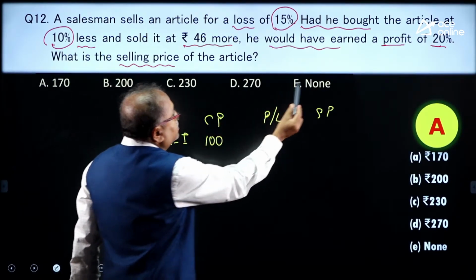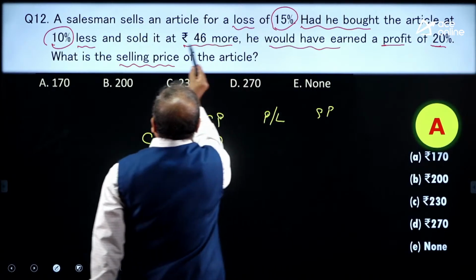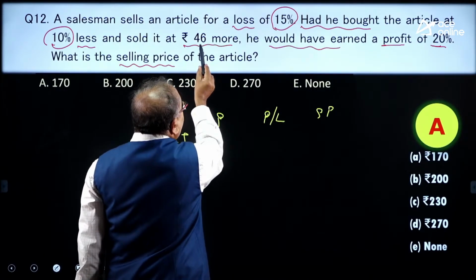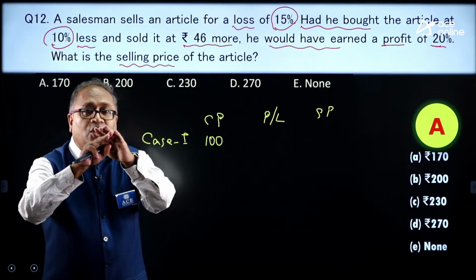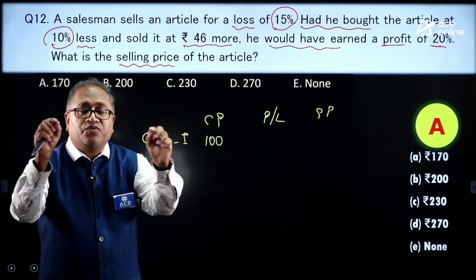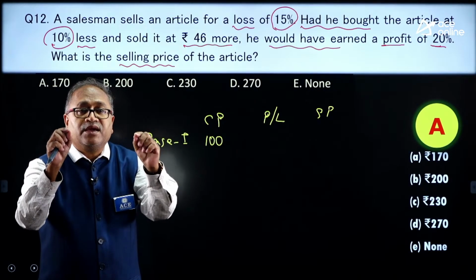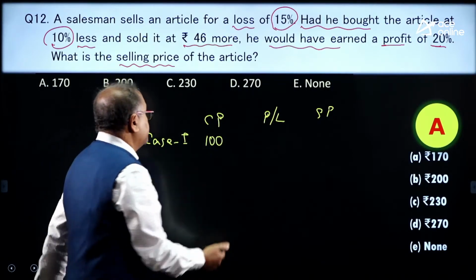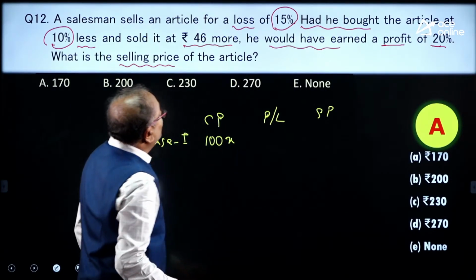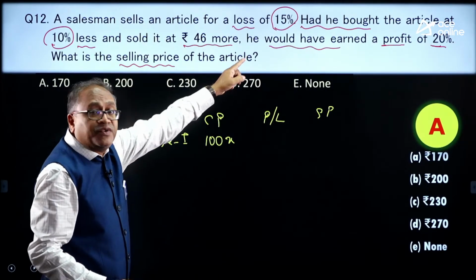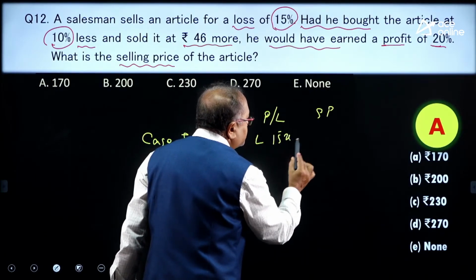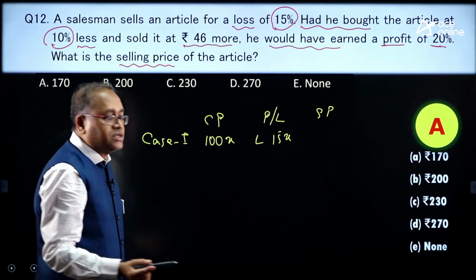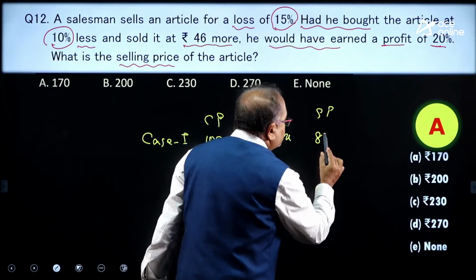Since here a value is mentioned, 46 rupees more, and all are not in percentage, I will prefer to take the x format, 100x. Now, he loses 15%, that means the loss is 15x, so the selling price is 85x.